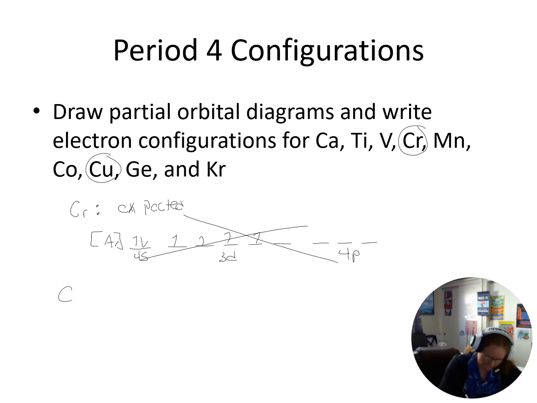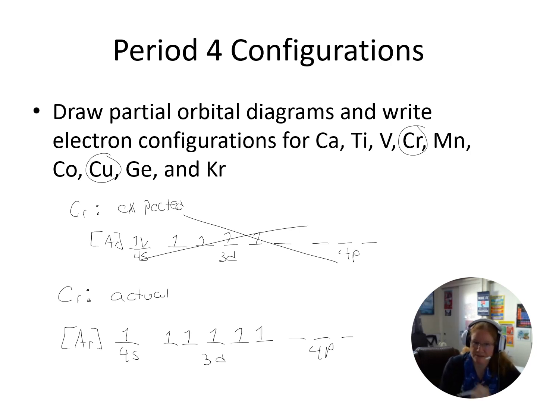So chromium actual, we see this. Okay, so this is the actual for chromium. So we're going to get an argon 4s1 3d5.